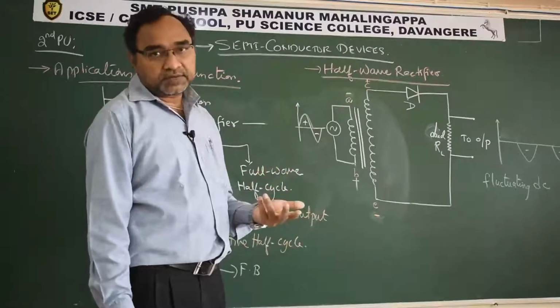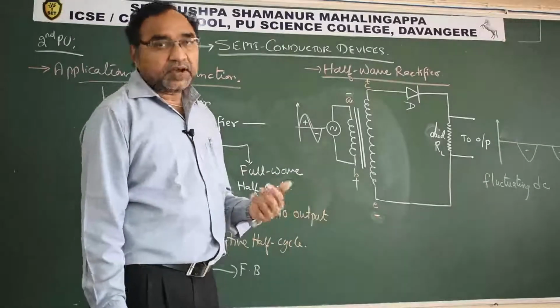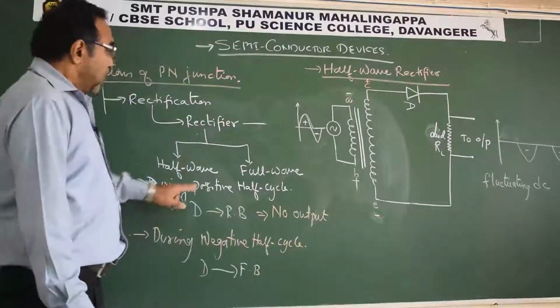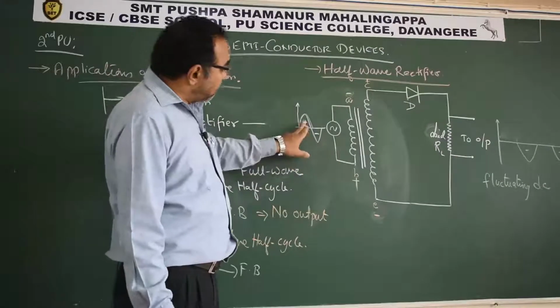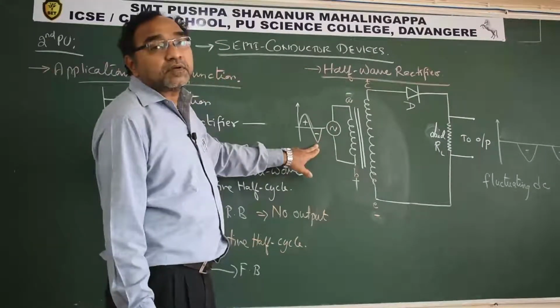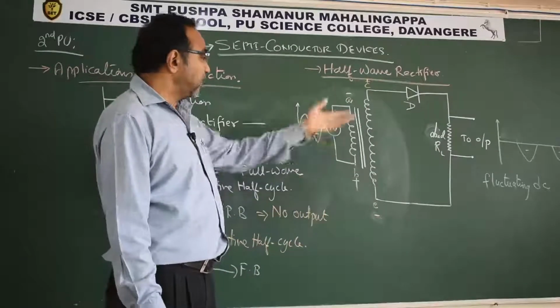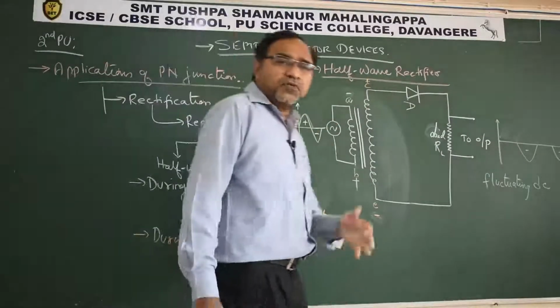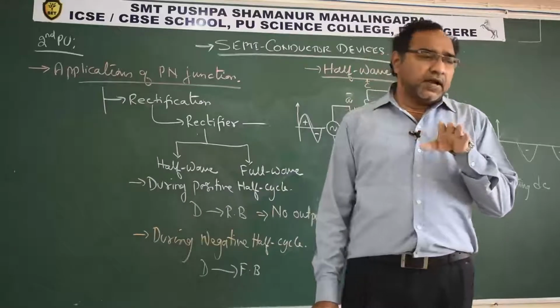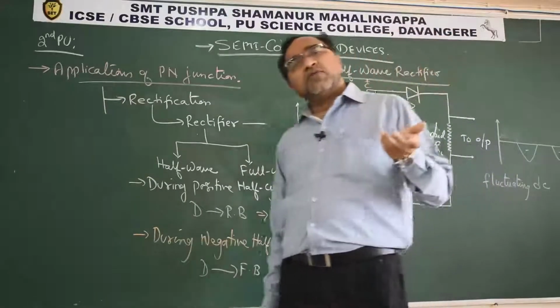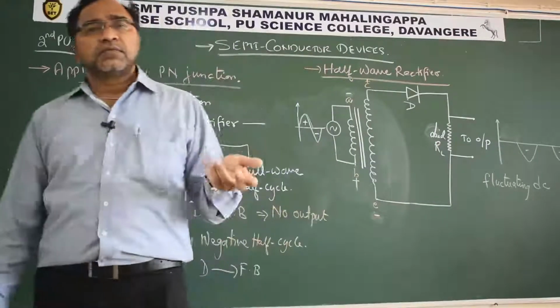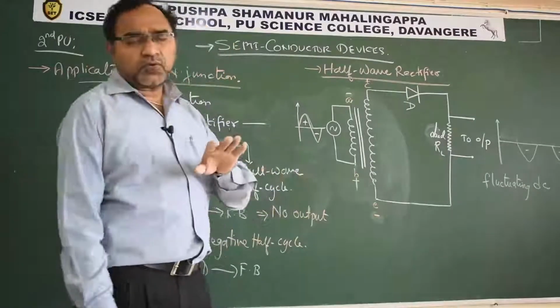Output is what matters. Next thing, instead of positive you feed negative, you will get the positive lobe, no? You feed negative first, you will get all the positive lobes. So it is not that always the negative lobe will be received in the output. We cannot receive positive. No.